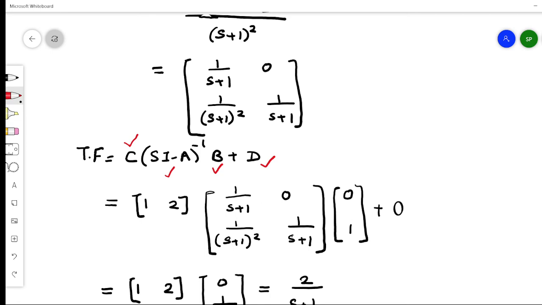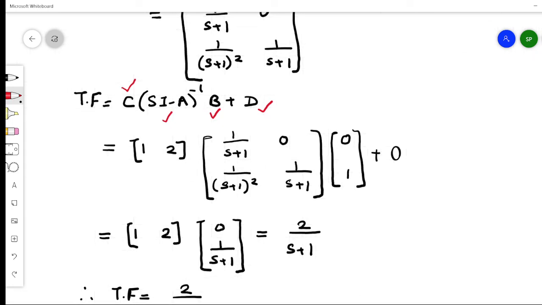So just multiply this. First we are multiplying this portion, sI minus A inverse into B. When you are multiplying, you will be doing 1 by s plus 1 into 0 plus 1 by s plus 1 into 1. Similarly the second row, 1 by s plus 1 the whole square into 0 plus 1 by s plus 1 into 1.